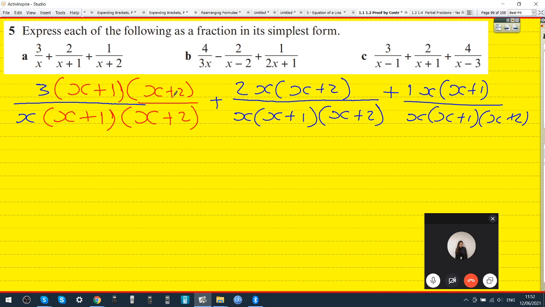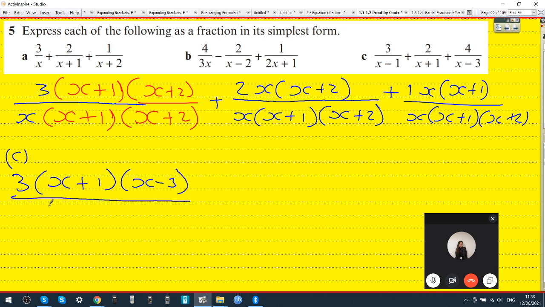Right. How about the last one, question C? The fraction on the left would become, the top would become 3 multiplied by x plus 1 multiplied by x minus 3. And then the bottom would become x minus 1 multiplied by x plus 1 multiplied by x minus 3. All right, so that's the common denominator.